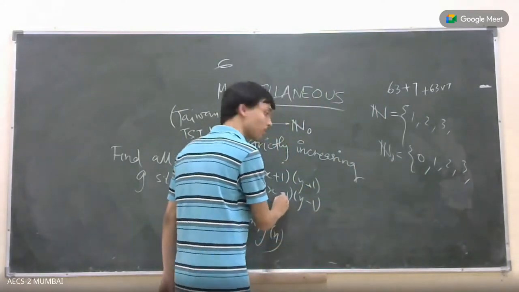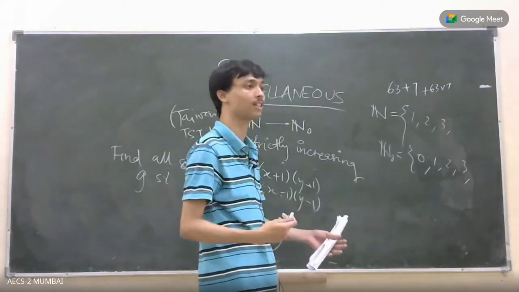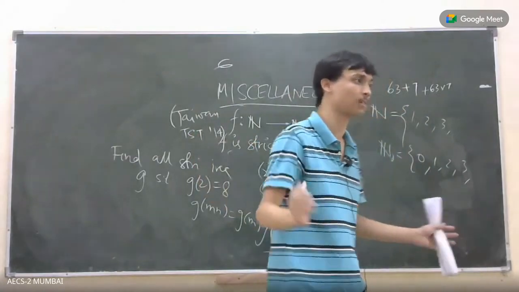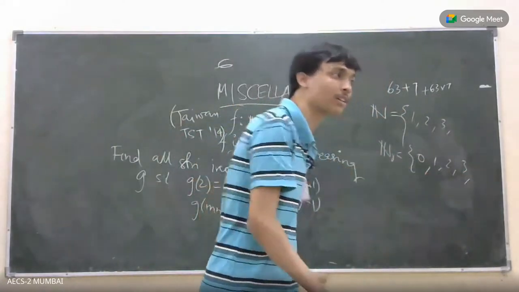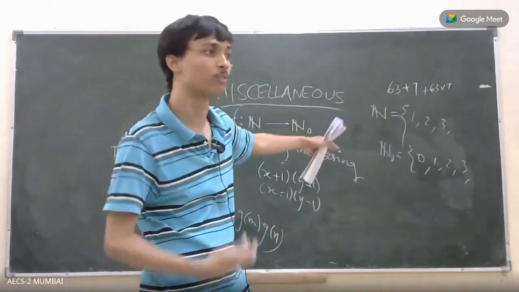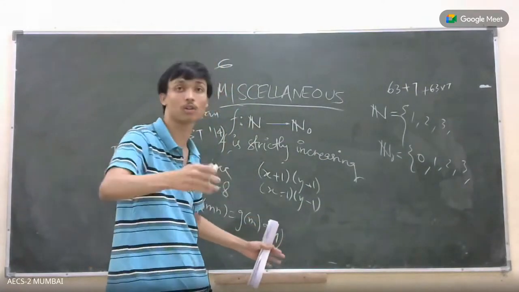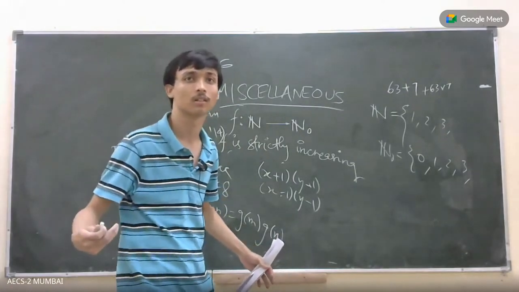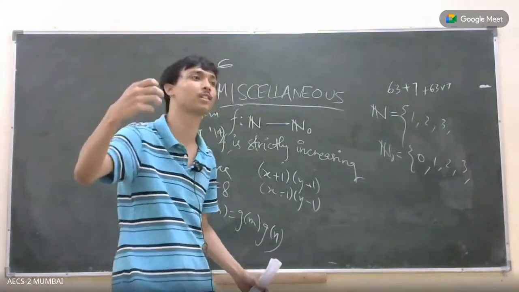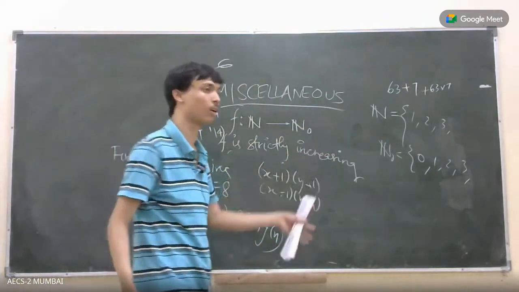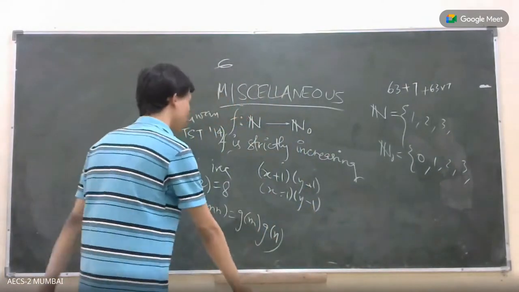Because when you choose terms to be minus 1, there is a chance of cancellations. If you choose f equal to g plus 1, nothing will ever cancel because everything will add up. We want some cancellations, so that's why we put f equal to g minus 1. Then indeed all the cancellations occur and you get this.